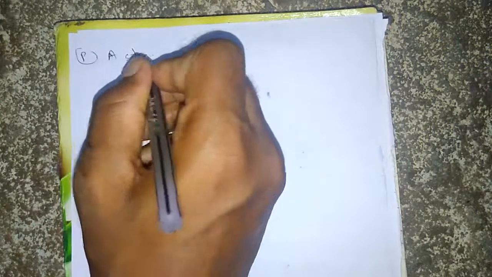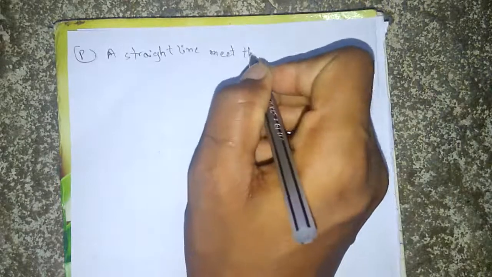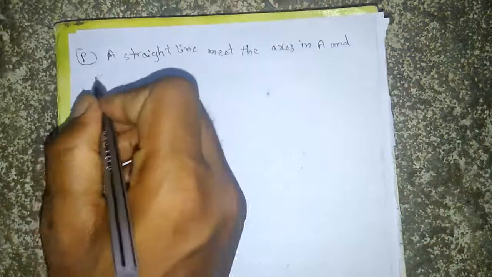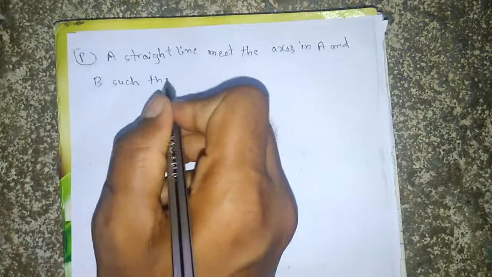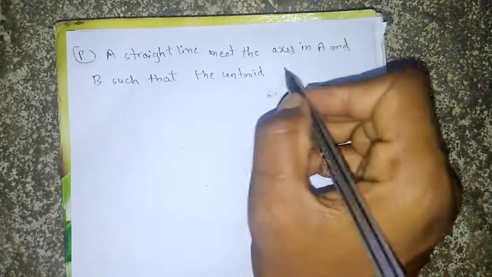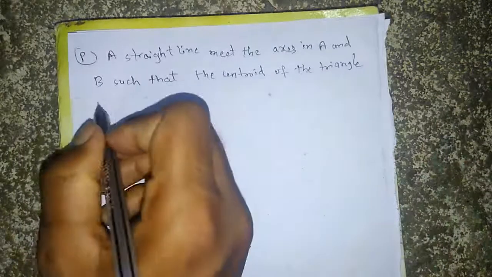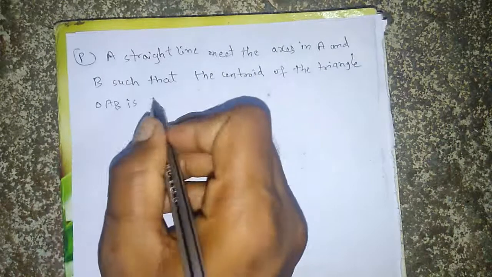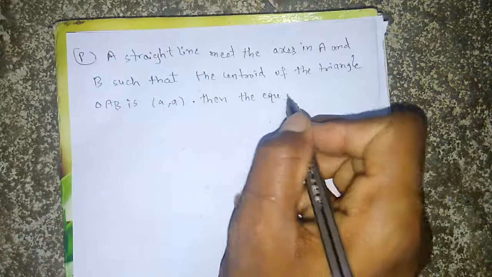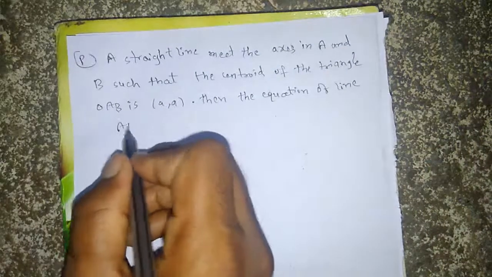A straight line meets the axes in A and B such that the centroid of the triangle OAB is (a, a), then the equation of line AB is.